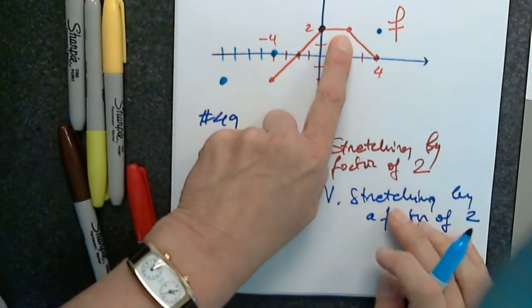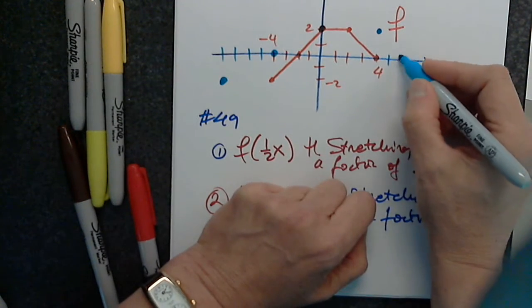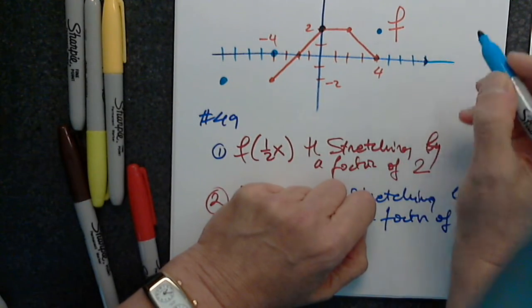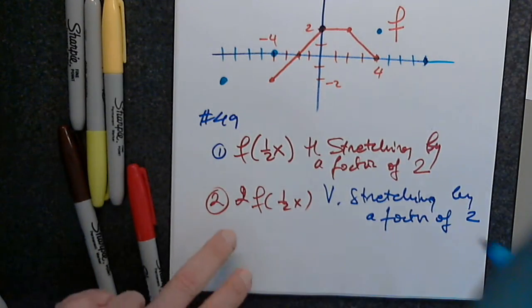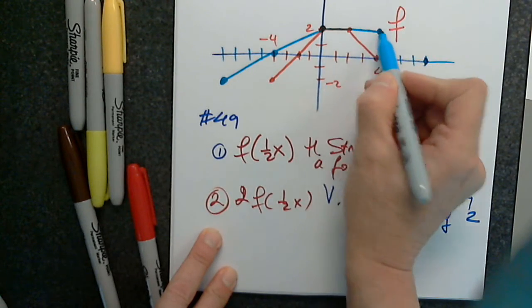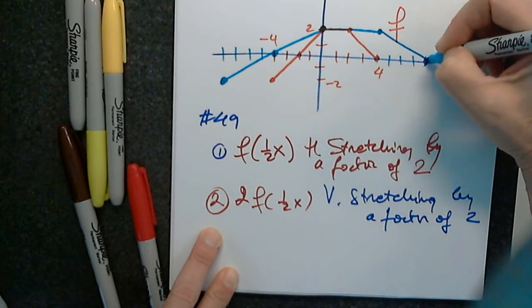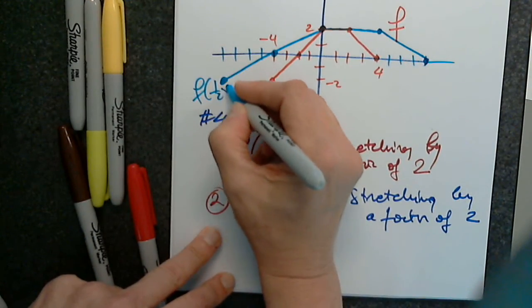At the same height, but at 4. Where will this point go? So here's the graph of f of 1/2 x.